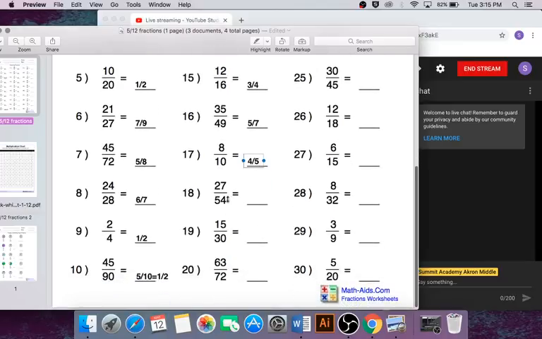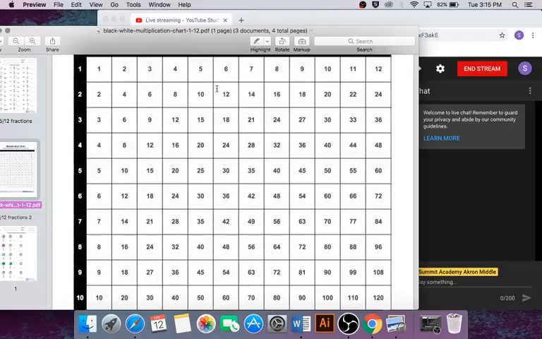Number 18, we have 27 and 54. So 3 goes into 27. 9 goes into 27, and 9 also goes into 54.